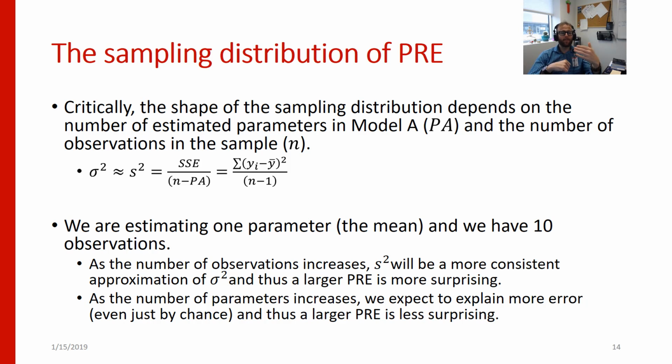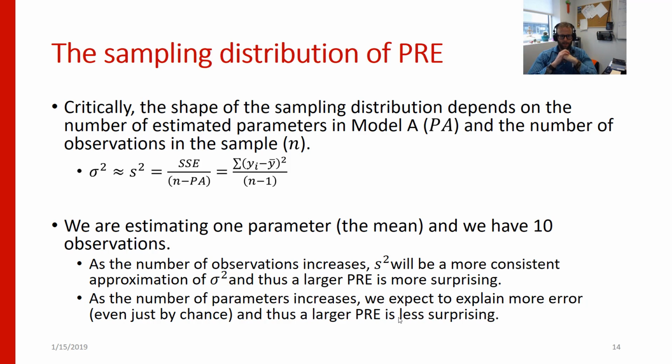As the number of observations increases, we know that S squared is going to be a more consistent approximation of sigma squared, and thus a larger PRE is going to be more surprising. As the number of parameters increases, we generally expect to explain more error, even just by chance, and thus a larger PRE is less surprising. So these two factors somewhat work against each other.